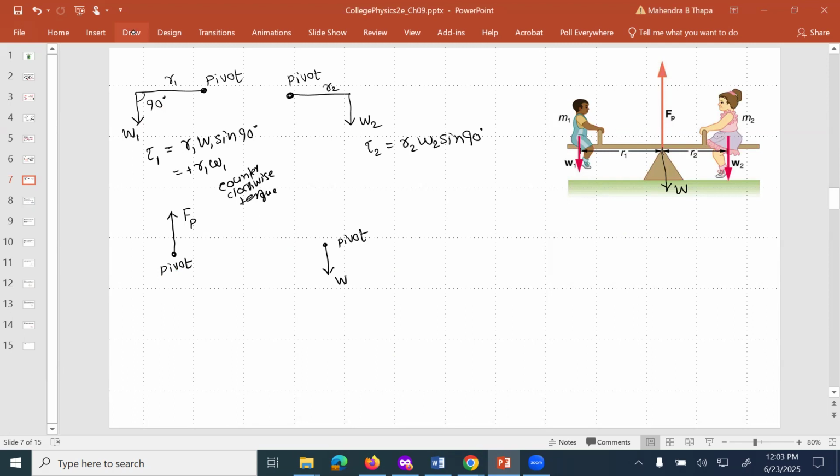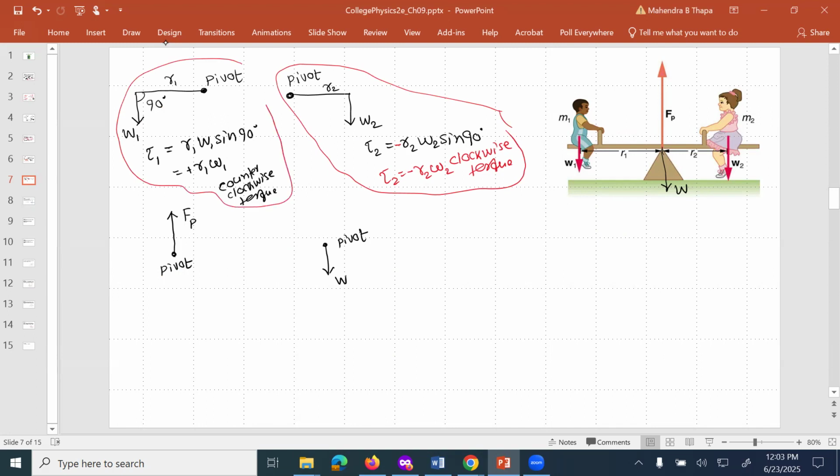But this time, this torque will be negative because you can see here, this will produce the clockwise torque, right? So we can write tau 2 equals negative R2 W2. Okay, so you have to reconsider these steps.